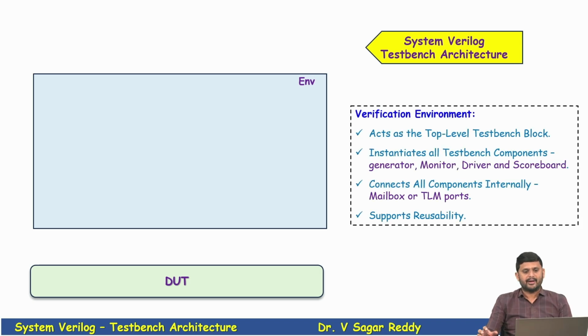There are four important things we need to observe. One, it acts as the top-level test bench block, meaning it's the master container. Two, it instantiates all the test bench components. When the simulation starts, the environment is responsible for creating every object that will do the verification work. Three, it connects all the components internally using a mailbox or TLM ports, and we will see exactly what those are shortly.